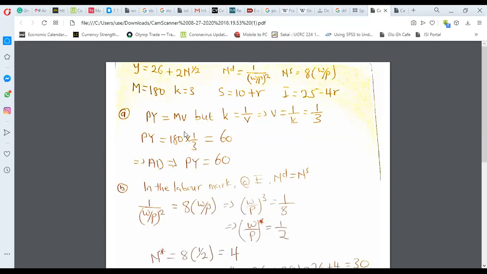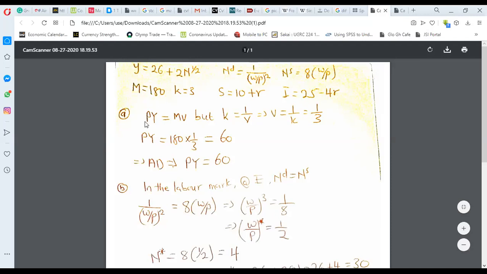Okay, this one, we have to find the AD curve, the aggregate demand curve. And this is the formula. This is not from the question, you know this from what we've done so far. PY is equal to MV. We're not given V, we're given K. From what we've done so far, we know that K is equal to 1 over V. So V should be equal to 1 over K, so we have 1/3 here.